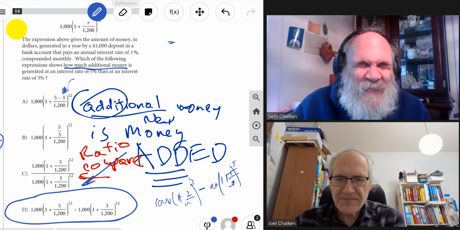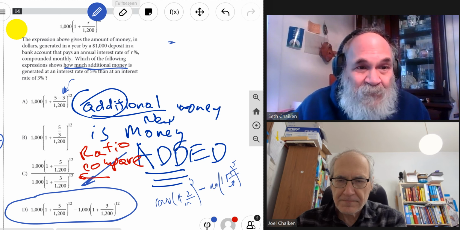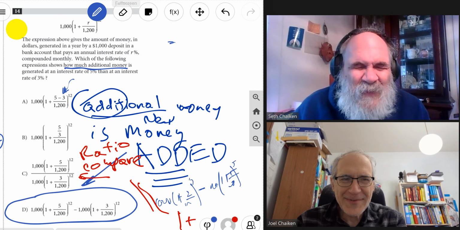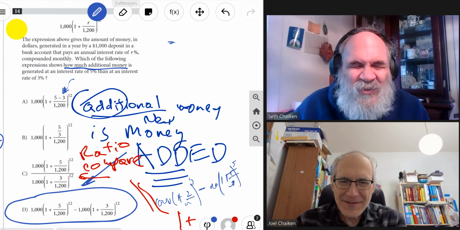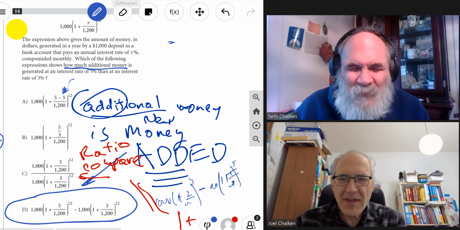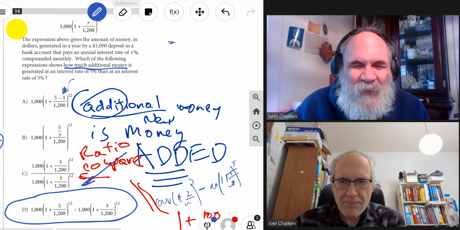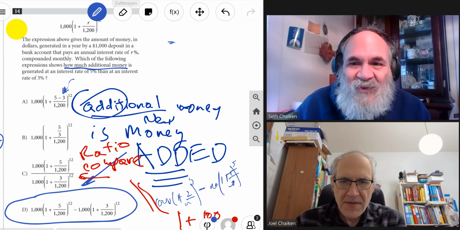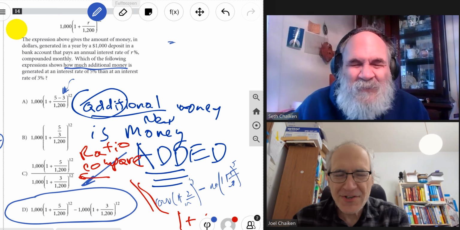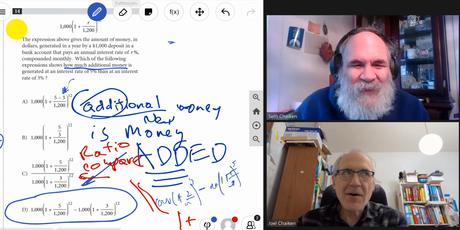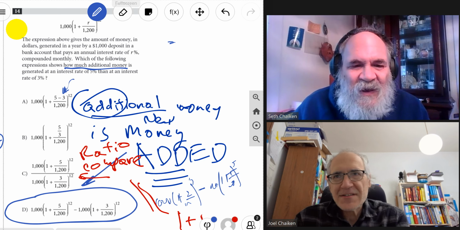And this ratio compare is equal to 1 plus P percent, P divided by 100. It's just a ratio, how much bigger it is as a ratio.